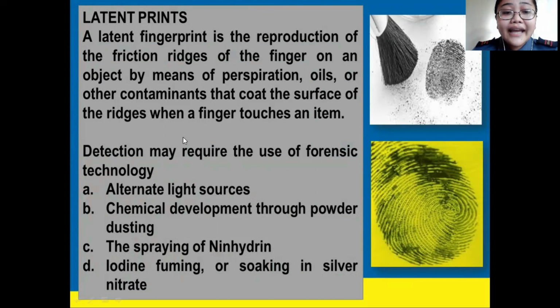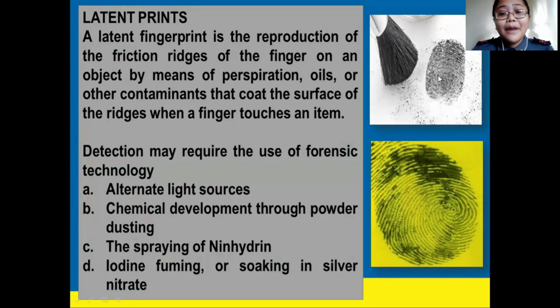In order to detect that, we need to use first the alternate light source. It is detected through a light source, because it becomes visible if we shine a light, so that we can easily detect it. And then second is the chemical development through powder dusting.